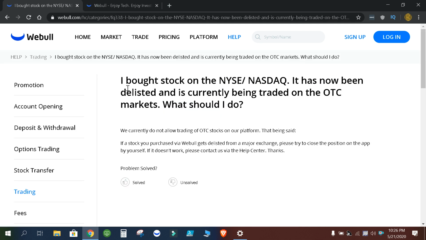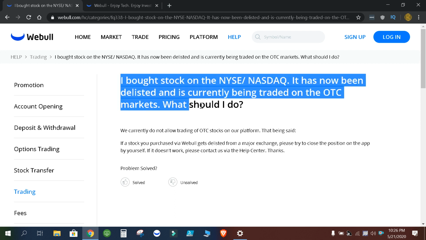This actually happened, if you go back to 2008 when we had the stock market crash, the recession. Ford actually got delisted off the market, and then they basically did a foreclosure. They got delisted, they came back as a different ticker symbol, and everyone who was in that ticker lost all their money.